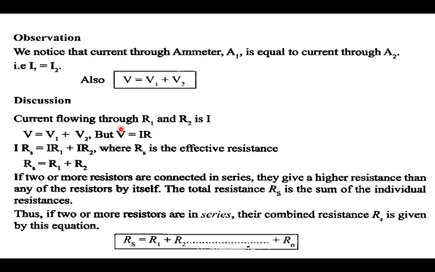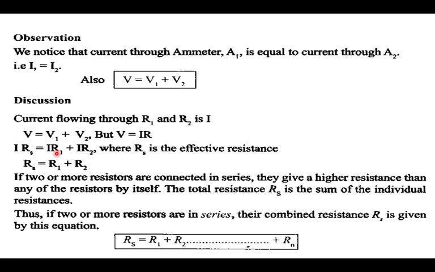Using Ohm's law again, substituting V is equal to IR, where there is V here, we can put IR. So here we put I Rs. Remember that Rs is the total resistance. So I Rs is equal to the current through resistor 1 times the resistance 1 plus current through resistor 2 times the resistance 2.